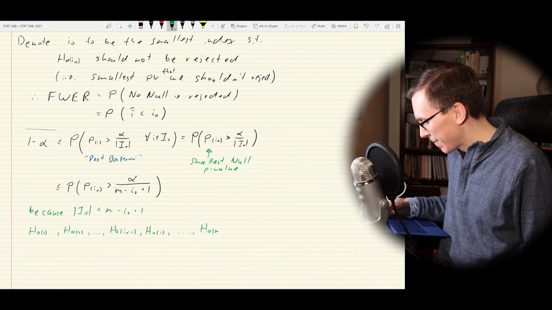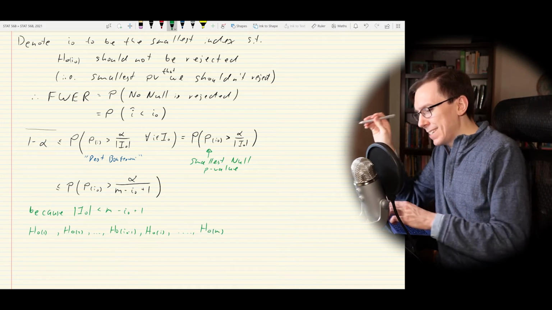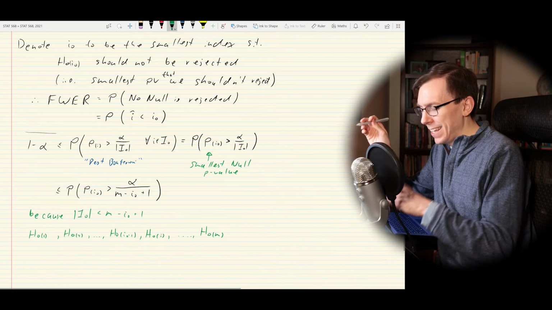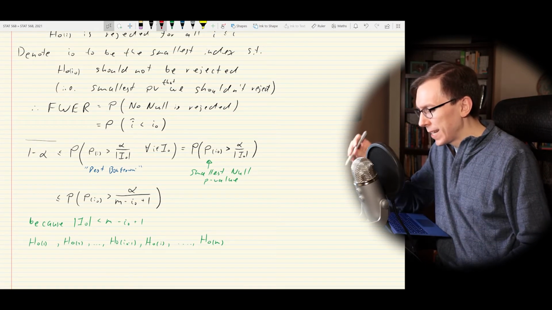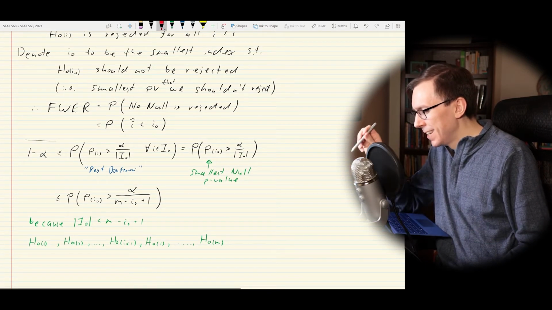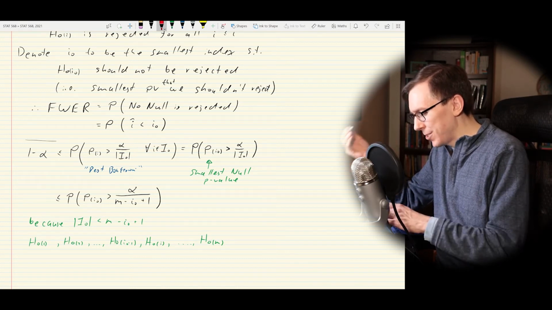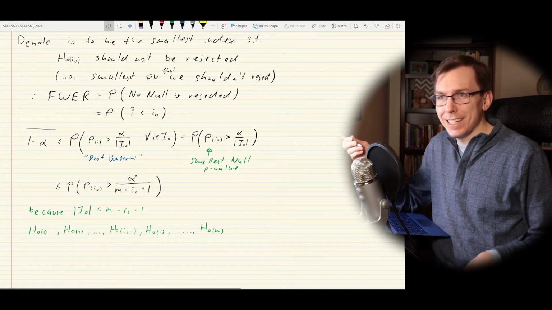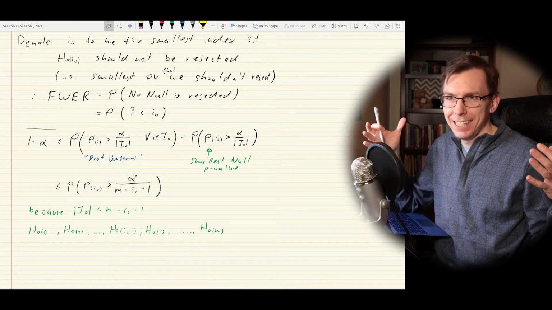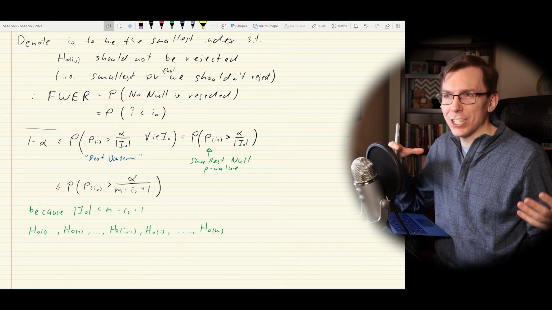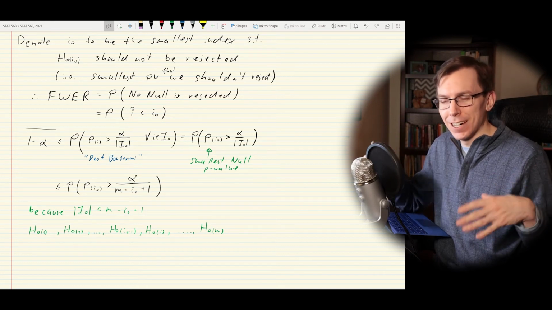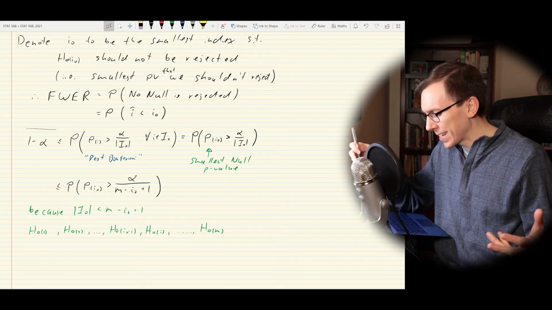Well, remember, what is I naught? Again, the notation here takes a little bit to remember what it is. It's the smallest index such that the corresponding null hypothesis should not be rejected. And what is capital I naught? It is the collection of indices for those nulls that shouldn't be rejected.